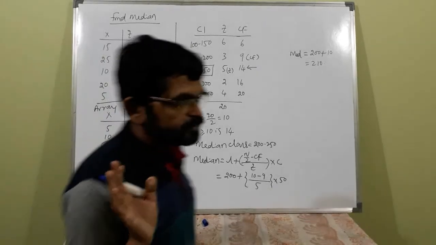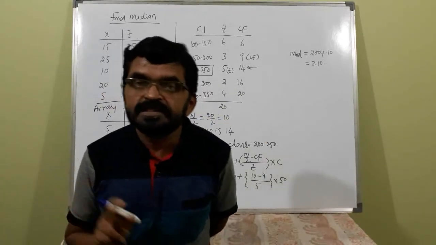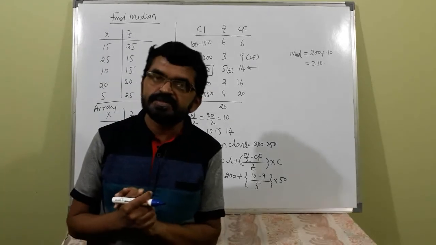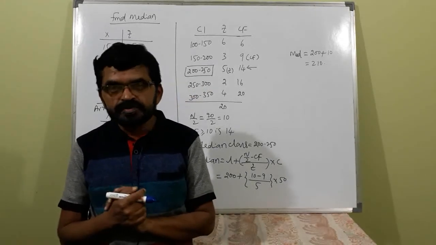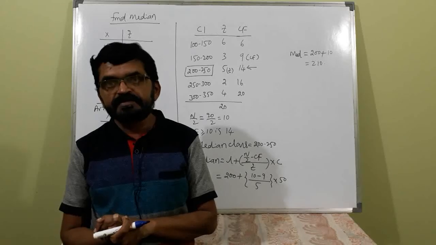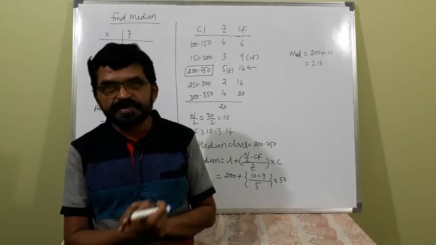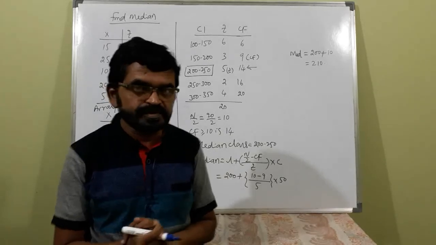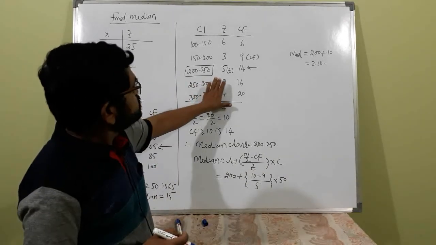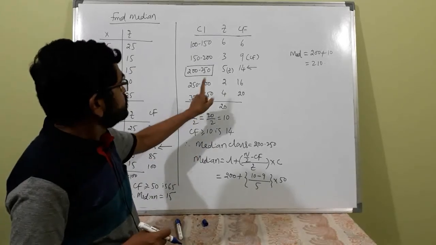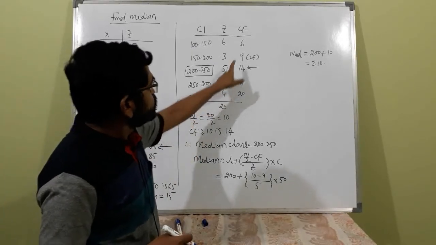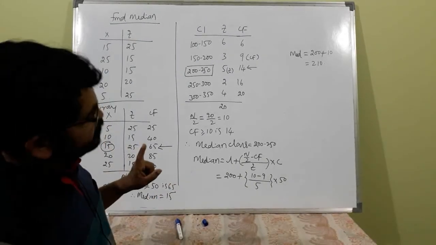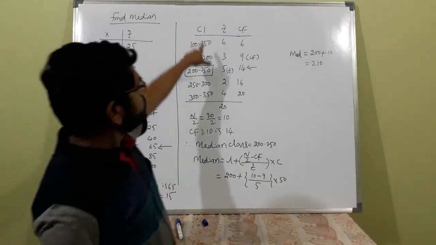I will give you one homework. See, you got 210 as the median here. Yesterday I told you how to find the median without computation by using a graph. For that, this table is enough. Class interval, frequency is given, cumulative frequency you wrote. One more column, if you want, write upper limits.